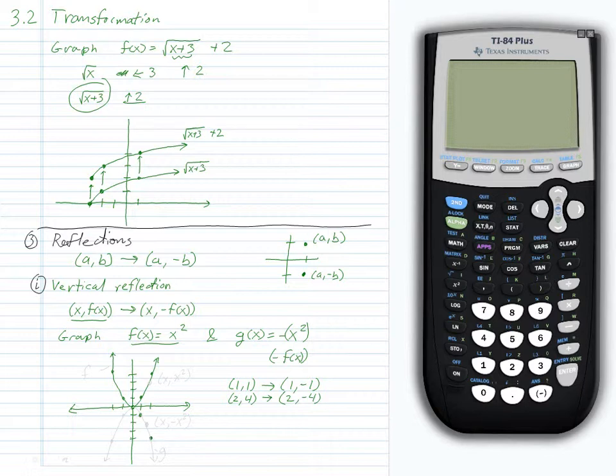And we'll see a symmetry about the axis on the other side. So here we can see how the generic point x squared has a counterpart at the same x-coordinate, but the opposite y-coordinate. And so this would be our graph of negative x squared based off our graph of x squared.